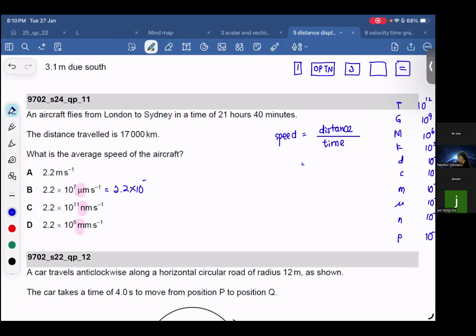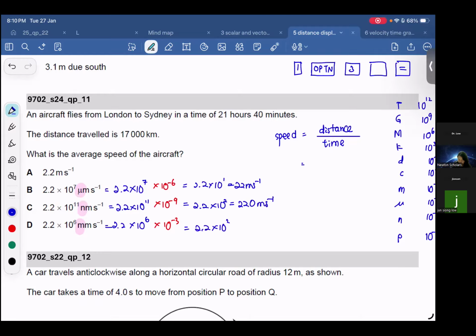Jiaxuan, yes, correct. How about Junxiong? Junxiong, are you able to get the answer?